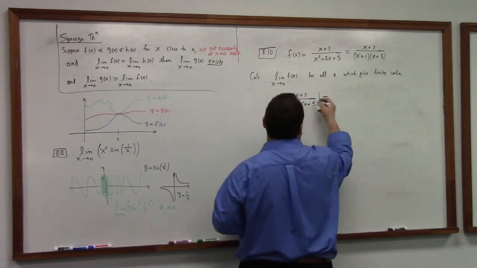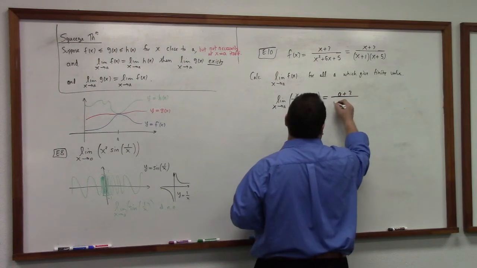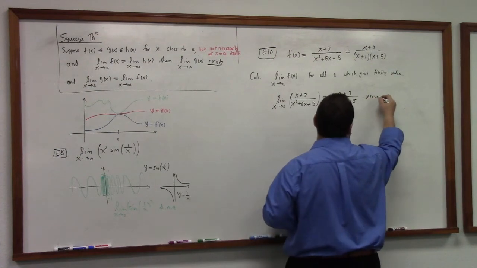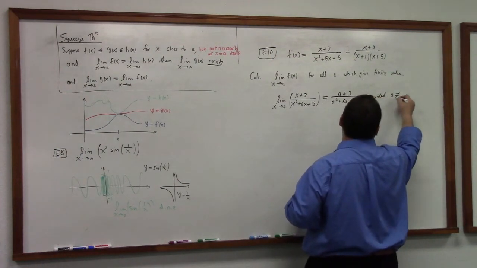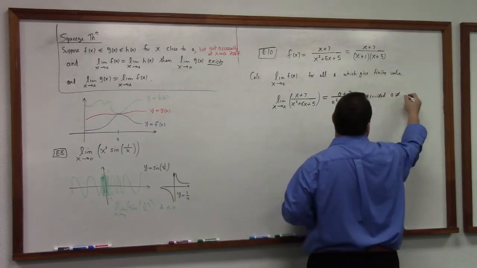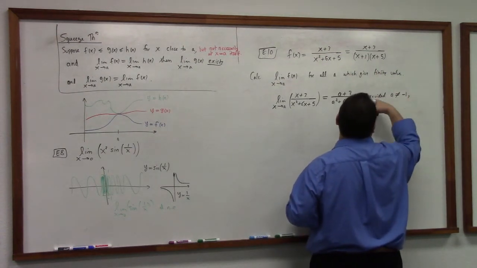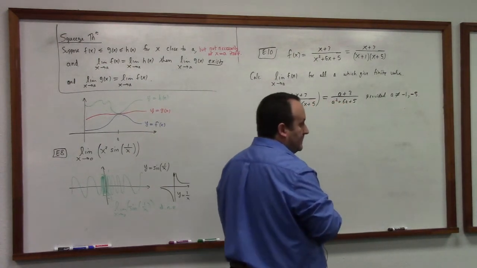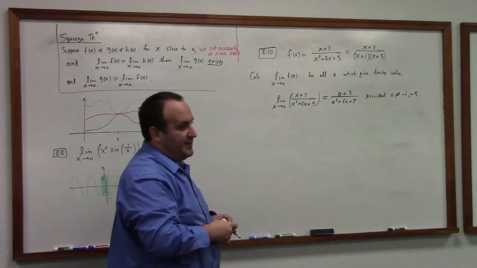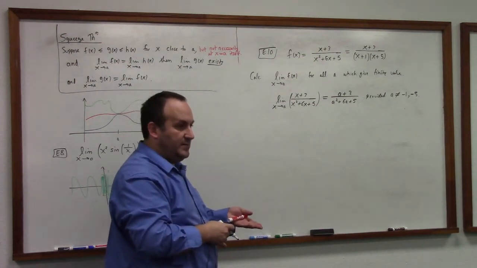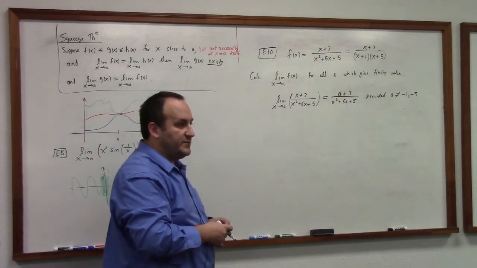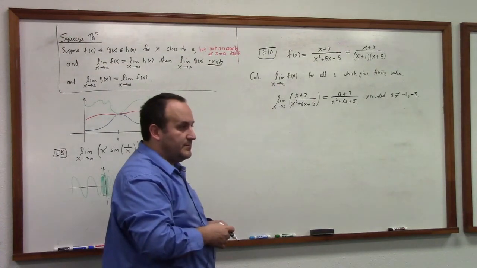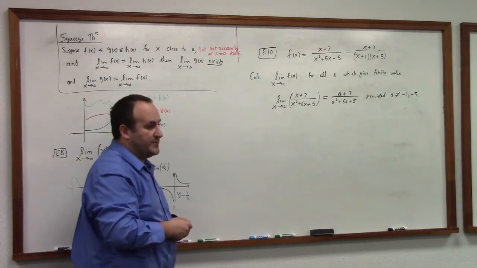I can plug in a plus 3 over a squared plus 6a plus 5, provided what? a is not equal to minus 1, and we can't have minus 5, right? So that's basically problem 23. I'm asking you, work out the limit when you can, and tell me when you can't. To figure that out, you need to figure out when the denominator in that given function can be 0. Because that's what can go bad on problem 23.